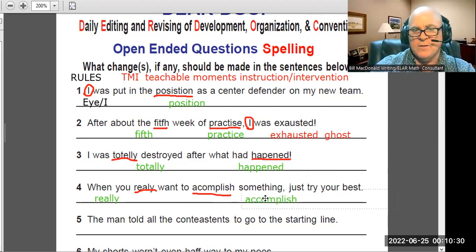So again, you want to make it look the way you would want it to look if you were writing with a pen or pencil on a piece of paper. The P would be halfway underlined. So we're going to eliminate accomplish and select the double consonant. We're going to eliminate the really with one L and select one with two L's. Last one.